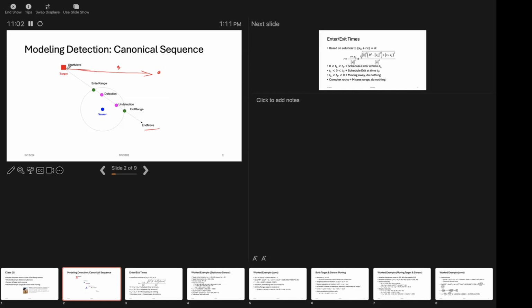Okay. So there are two sets of events that we're concerned with, and today we're going to hopefully finish up with two of them, the two outside ones. And that is the idea of, in this canonical sense, if we have a sensor that's stationary at the origin, in this case it would have a circular footprint.